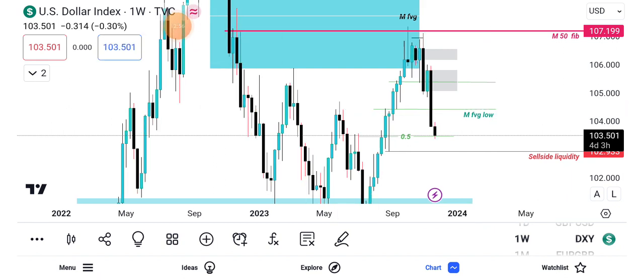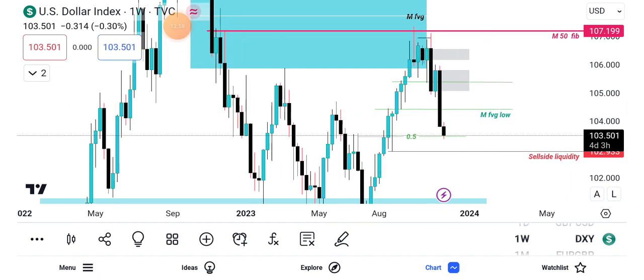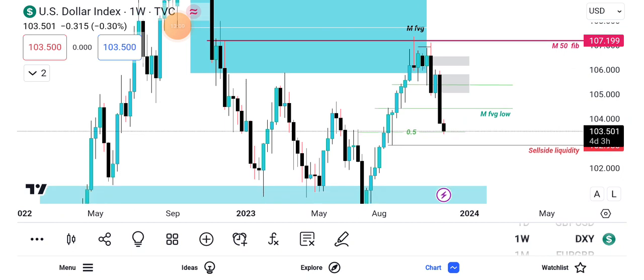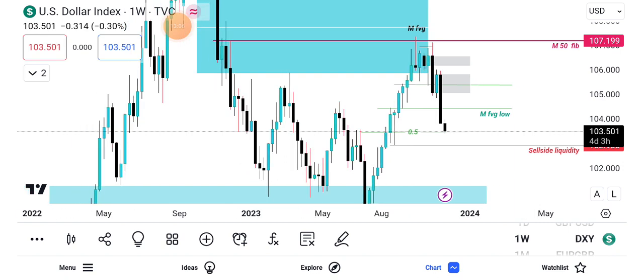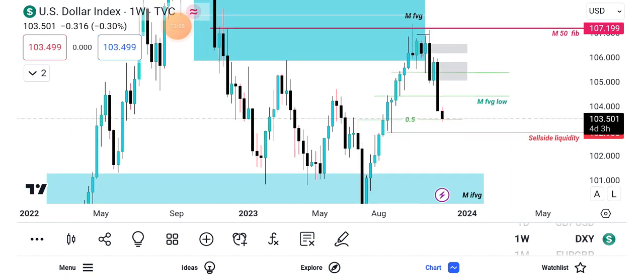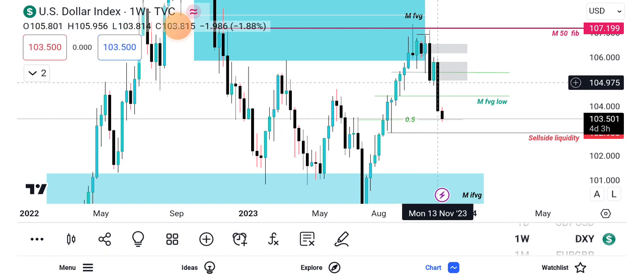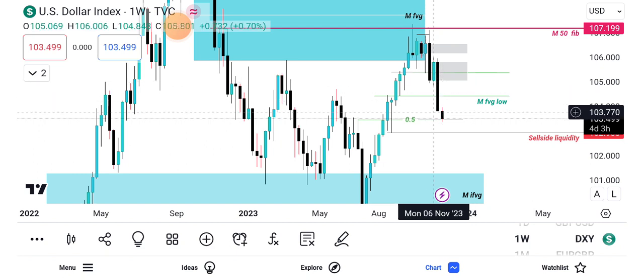Yeah, over there. So around here we can see these bearish moves. We have these order blocks being created there, and last week closed really bearish, a heavy bearish candle you can see in them.